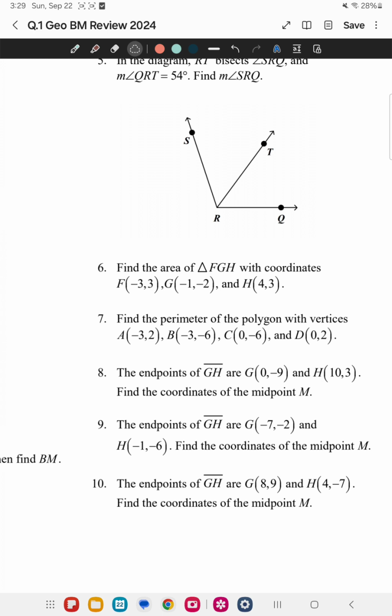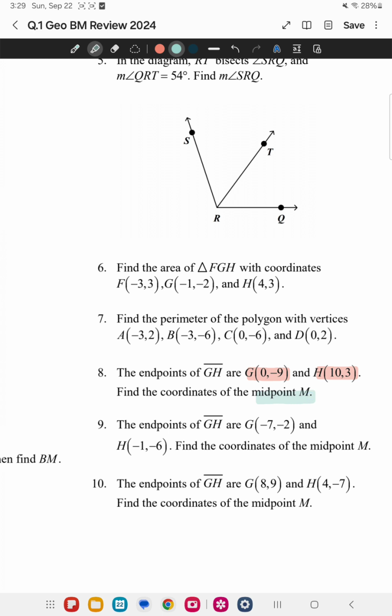Okay, so now we are looking at 8, 9, and 10. 8, 9, and 10 are all solved the same way. We're seeing that it says that we have the endpoints, meaning we have two endpoints, and our goal is to find their midpoint.